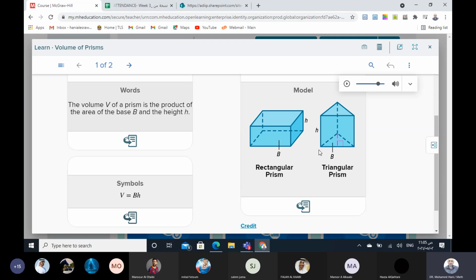And here H means the height of the prism. Here we have a difference between the height of the triangle, the red line here, and the height of the prism. So we use the same formula to find the volume. V equals B, the area of the base, times the height of the prism.